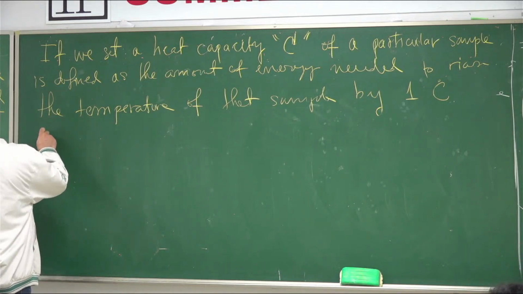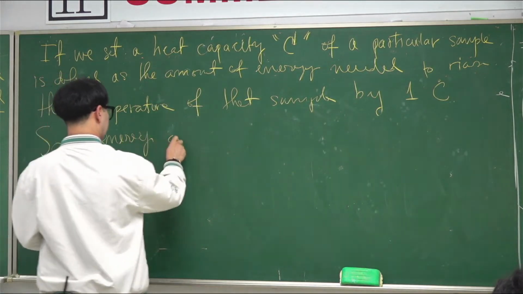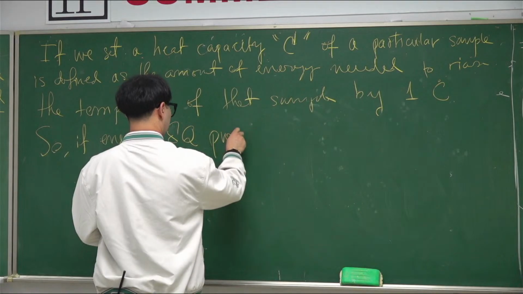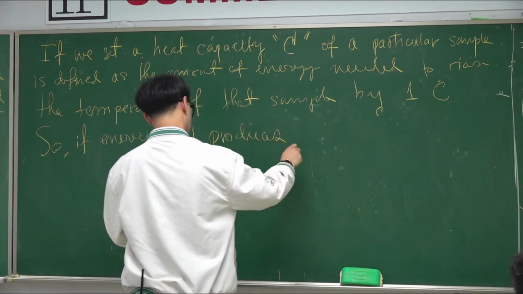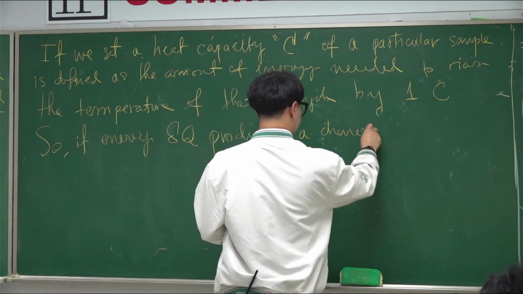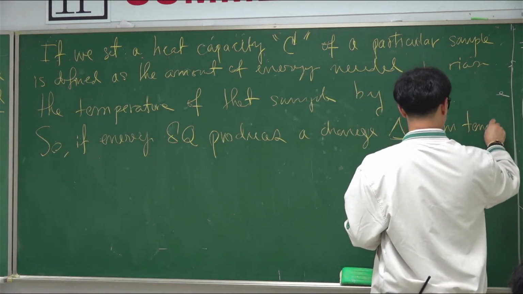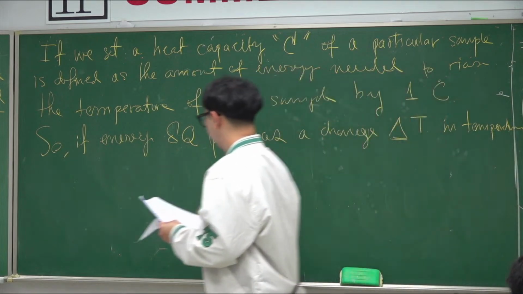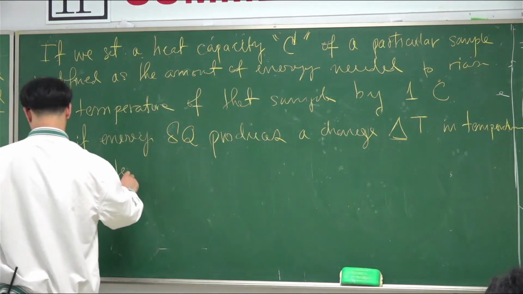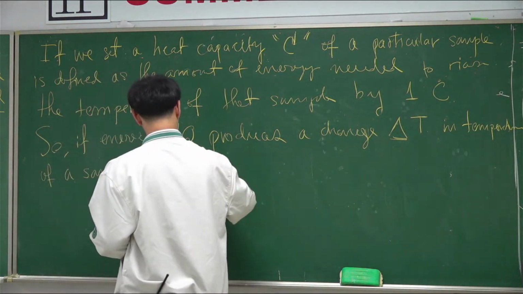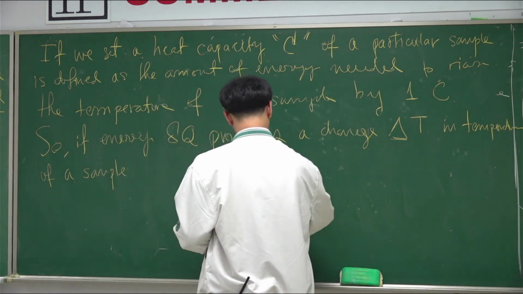So if energy Q produces a change delta T in temperature of a substance of a sample, so you're going to have this kind of ratio, right?